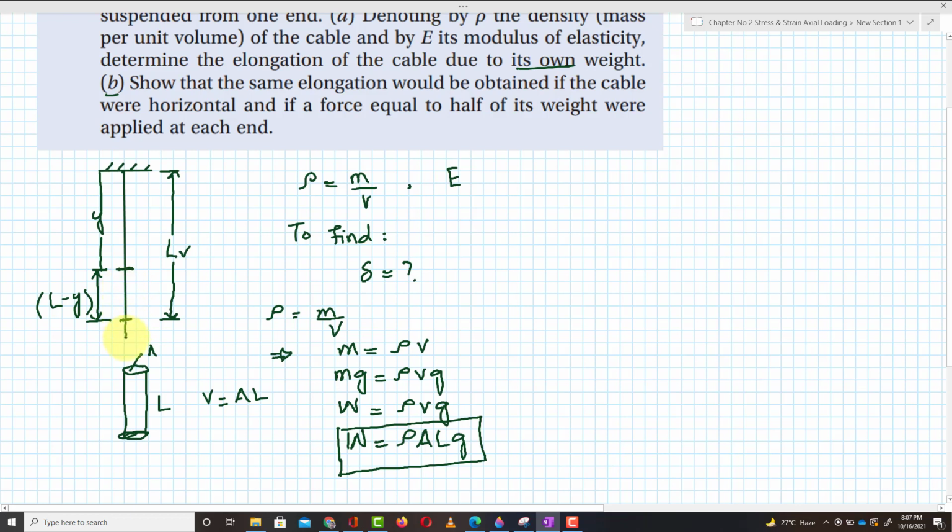Definitely the weight of the rope will be acting downward and a reaction force will be in the upward direction. So for the lower portion, the reaction force P is equal to the weight of the portion below the point.